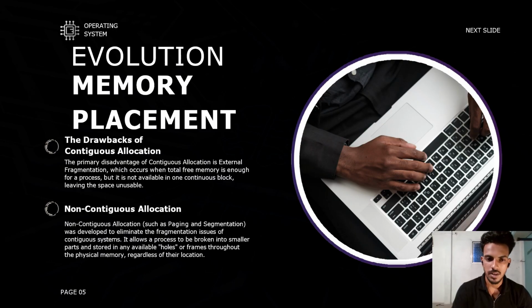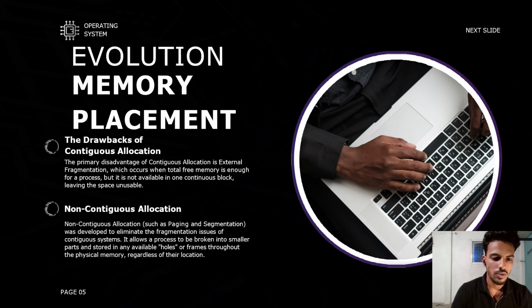Evolution of memory allocation. The drawbacks of contiguous allocation: the primary disadvantage is external fragmentation, which occurs when total free memory is enough for a process but is not available in one continuous block, leaving the space unusable.